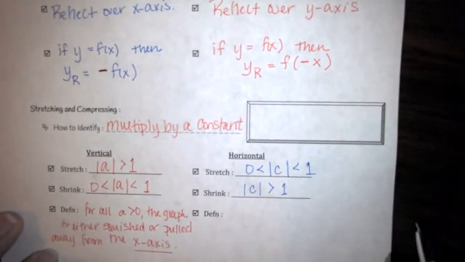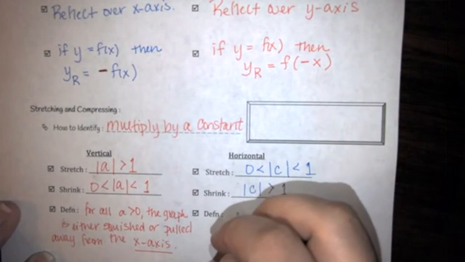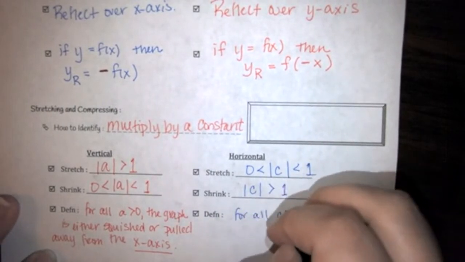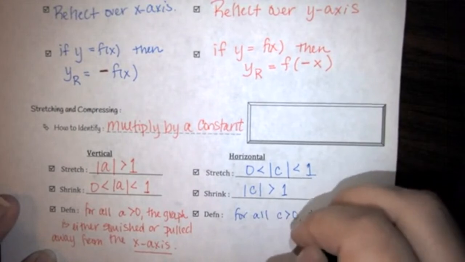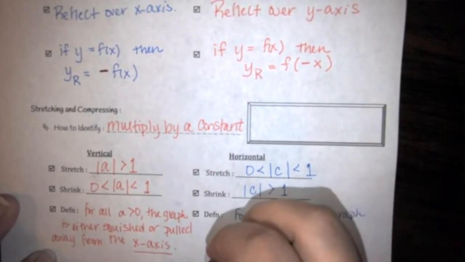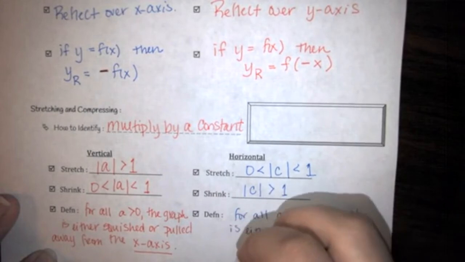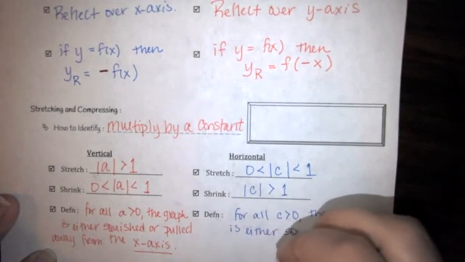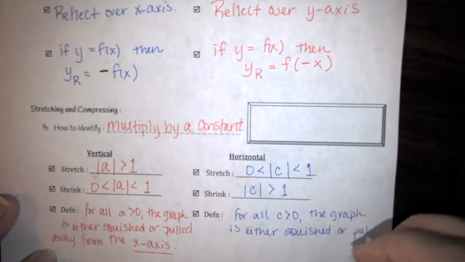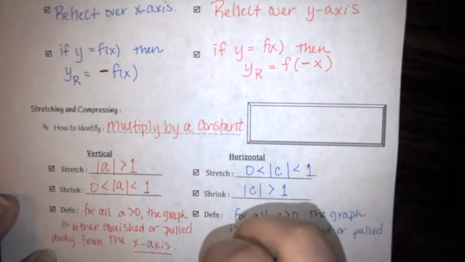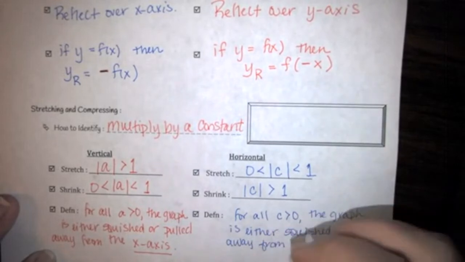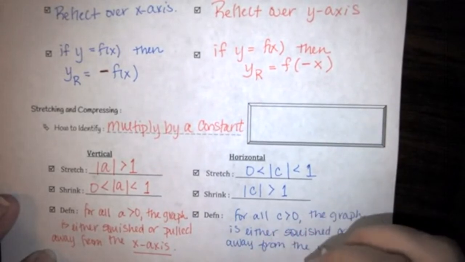It also has an identical definition that says for all values greater than 0, the graph is either squished or pulled away from the y-axis.